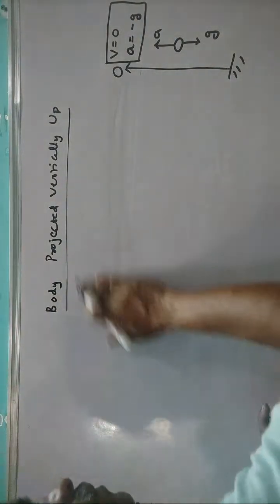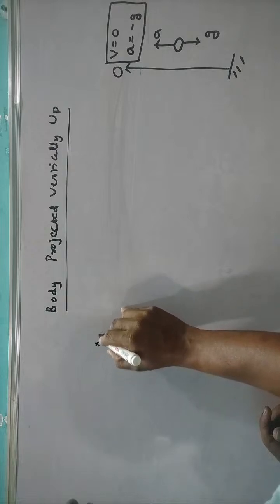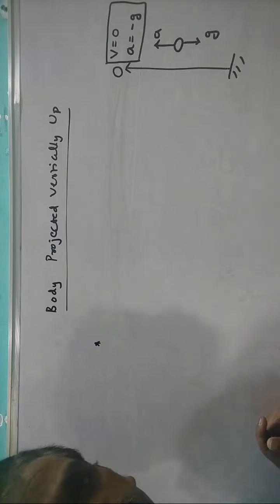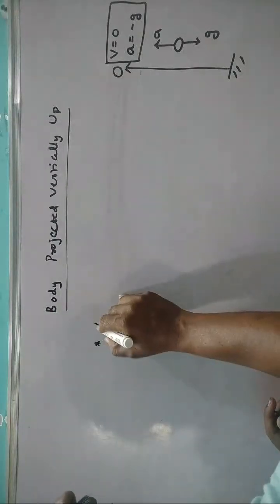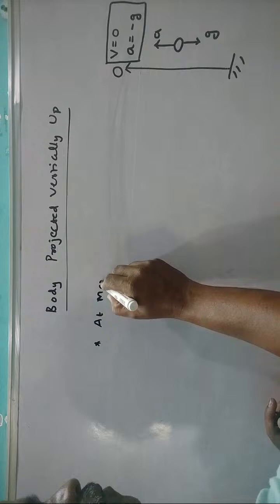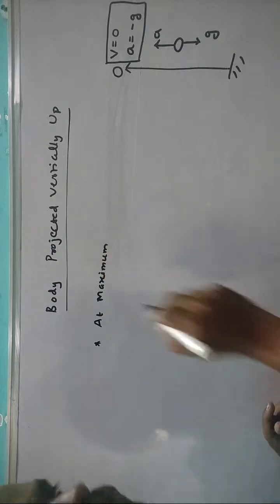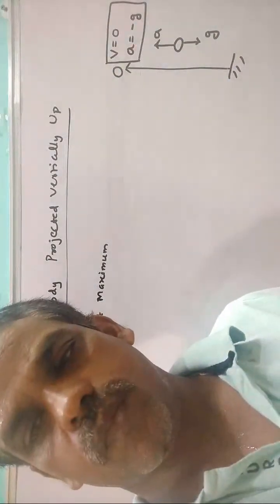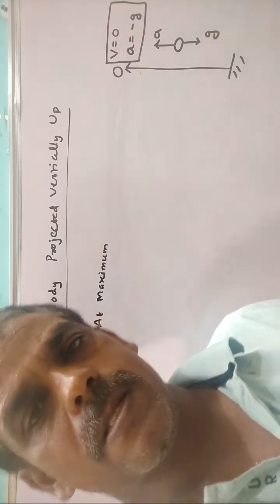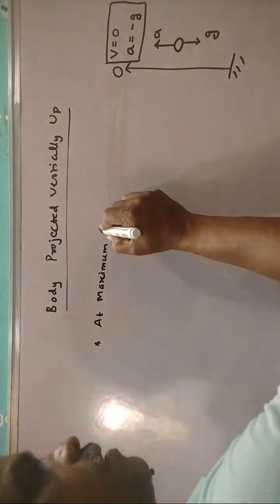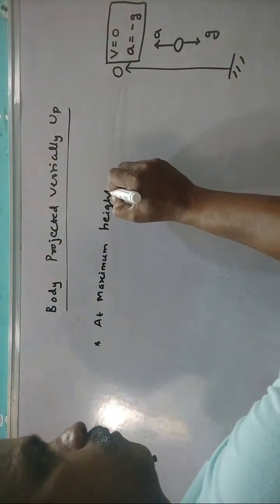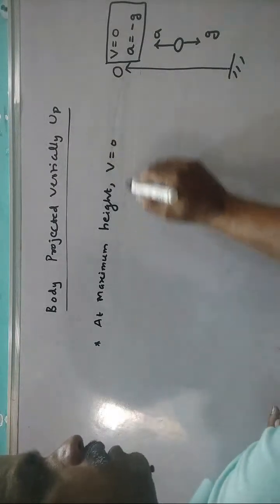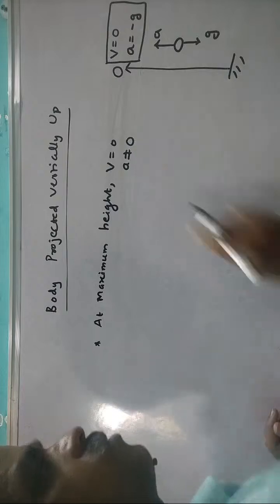So for this, the first point we already discussed in the last class. At maximum height, velocity is equal to zero, but acceleration is not equal to zero.